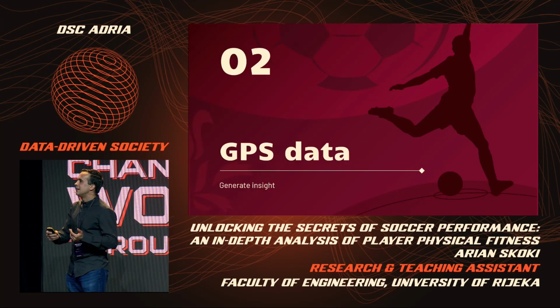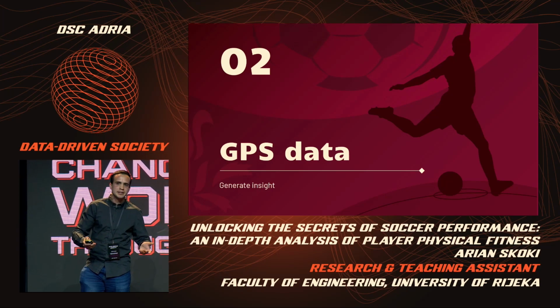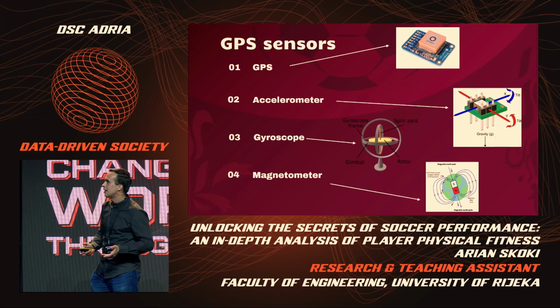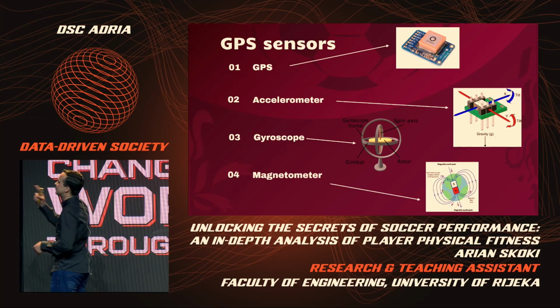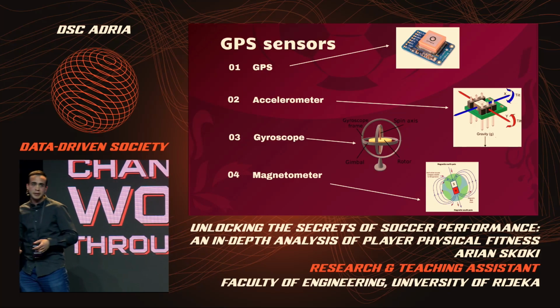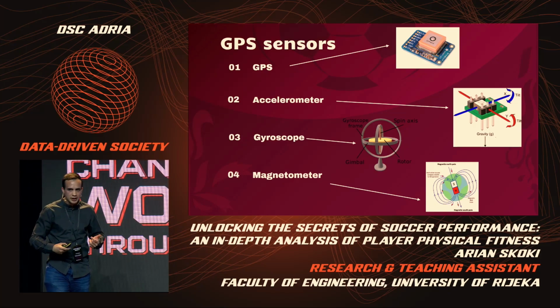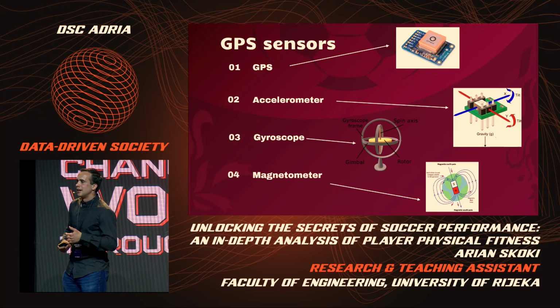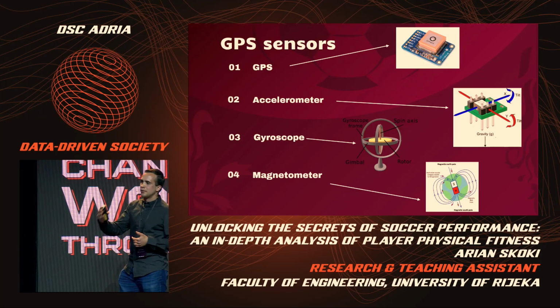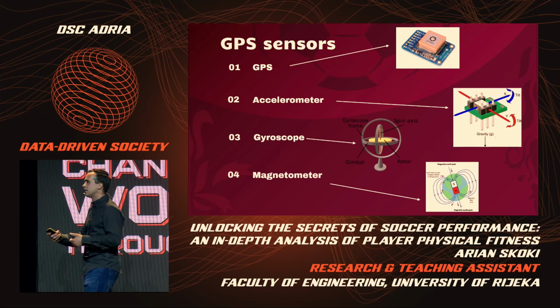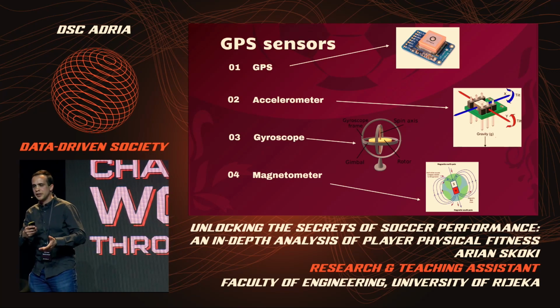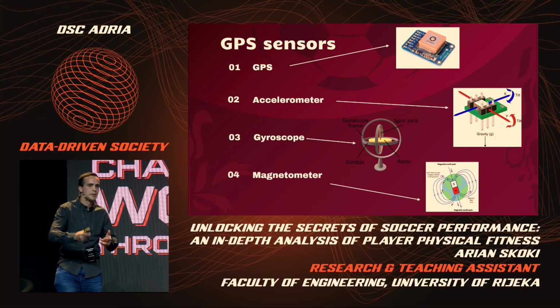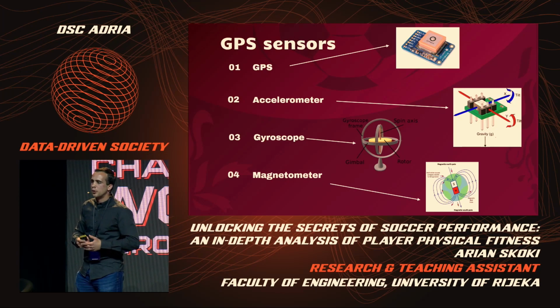Now, the GPS data. GPS data is not only GPS. It's a lot more than that. We have an accelerometer, gyroscope, and magnetometer inside these sensors, which means that we can measure more accurately the amount of distance in acceleration zones and deceleration zones. Maximal speed is more accurate.